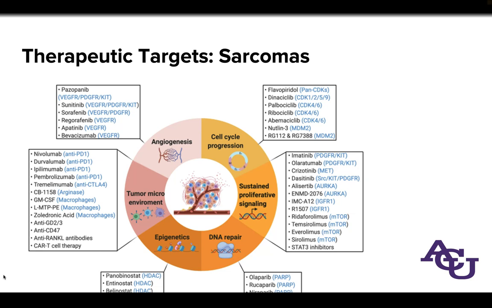We could try another mTOR inhibitor, but what if we switch to a different class? And you want to check, of course, to see if there are any patient mutations that may inform your response there. But you might say, all right, we want something that now targets MDM2.